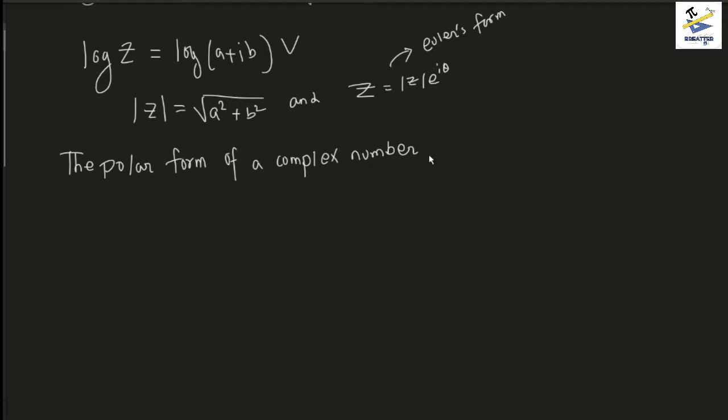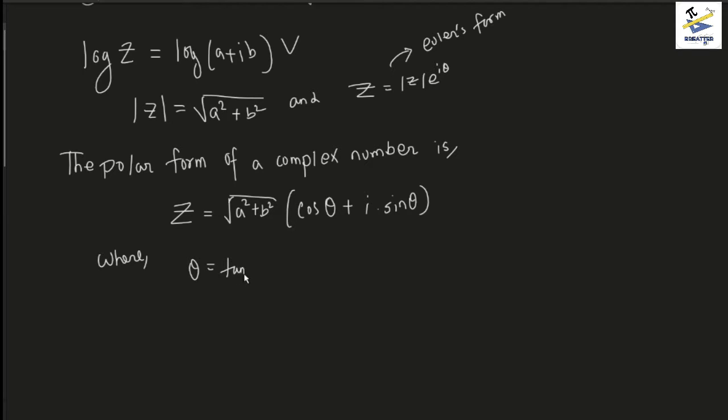The polar form of a complex number is, where theta equals tan inverse of b by a.